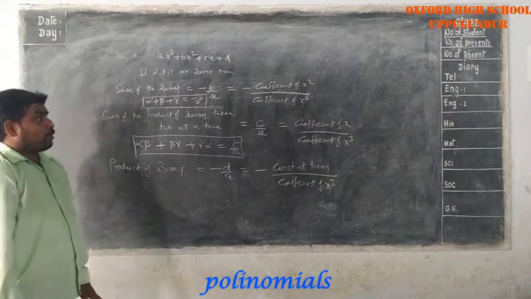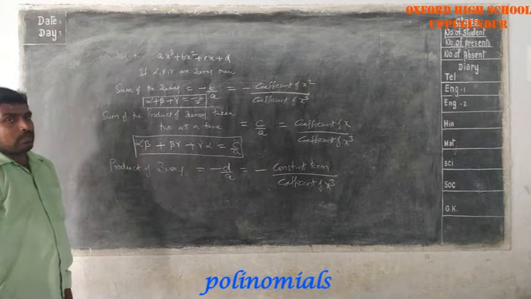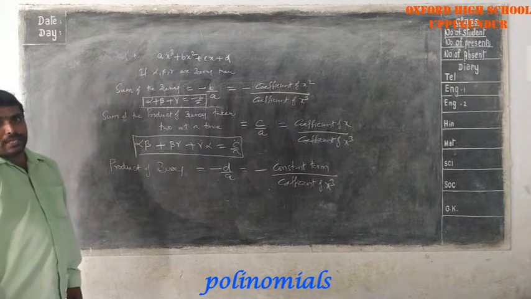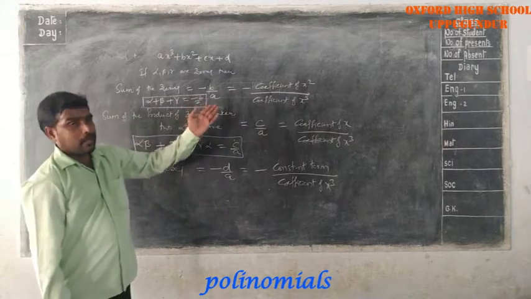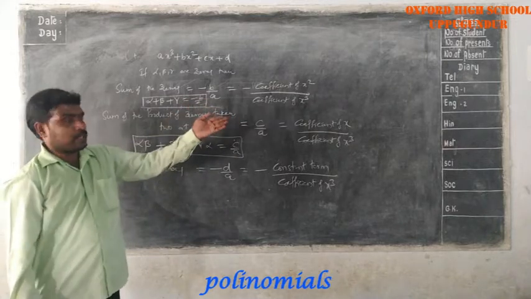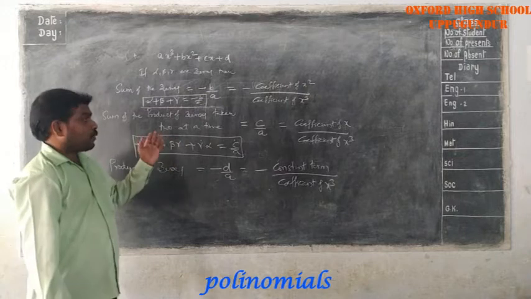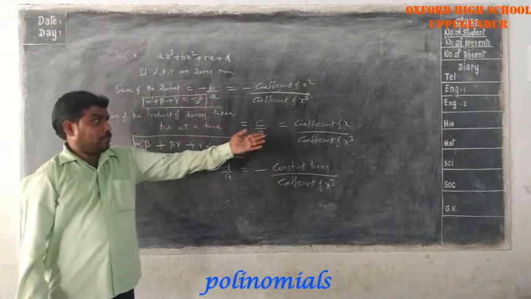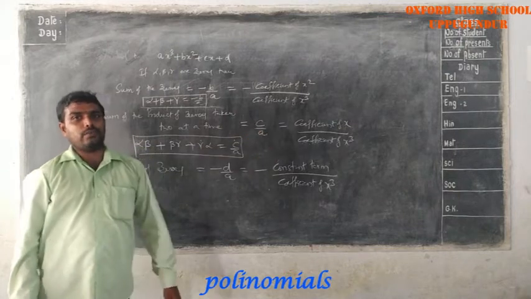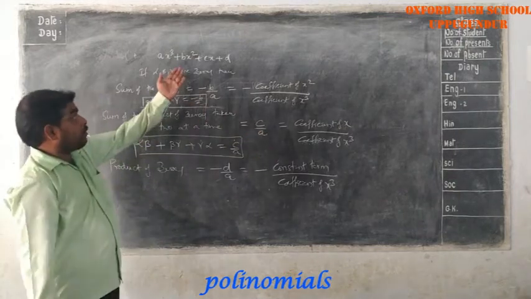For the quadratic polynomial, how are we finding the relationship between zeros and coefficients? Sum of the zeros is minus b by a, that means minus coefficient of x by coefficient of x square. Product of zeros is c by a, that is constant by coefficient of x square. Here they gave a cubic polynomial.